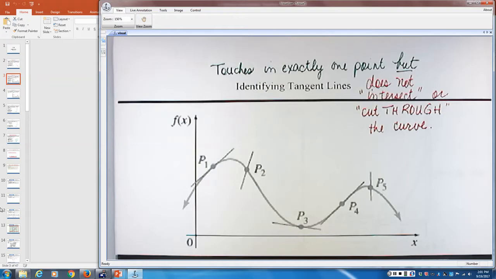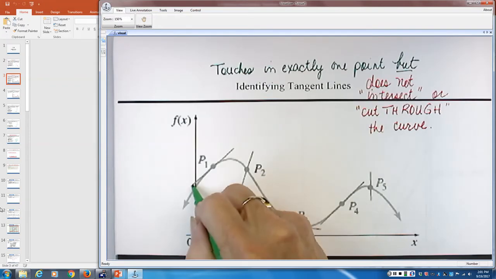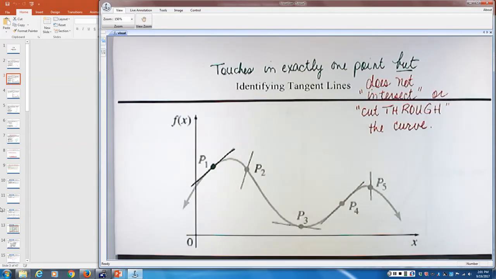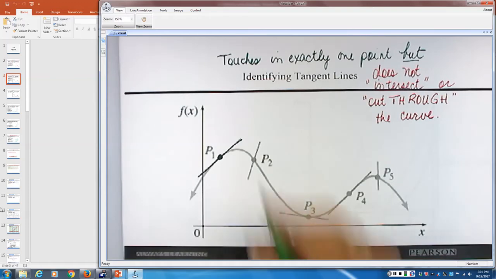What you think of as intersection, yes, it touches in one point, but it actually crosses over. Okay, it doesn't touch and go on. It actually fully crosses over. So in this case, the line P1 only touches that curve in that one single point. So P1 then is a tangent.